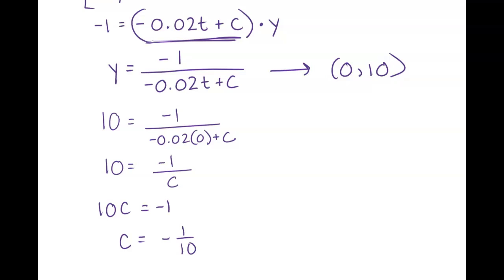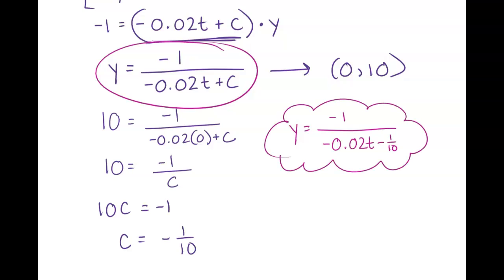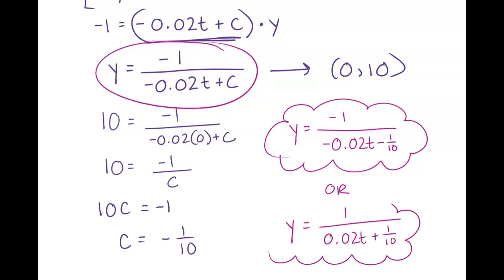So now going back to our initial equation here, now I can plug in my c. So y equals negative 1 over (negative 0.02t minus 1/10). Ugly fraction in a fraction, but we can totally keep it. My inclination is to write it as y equals 1 over (0.02t plus 1/10) to at least get rid of the negatives, but either one of those is just fine.